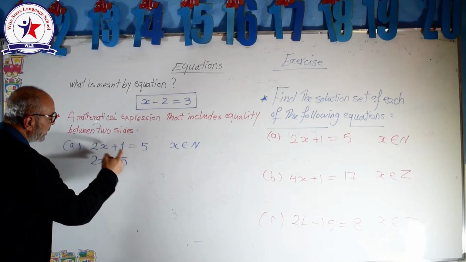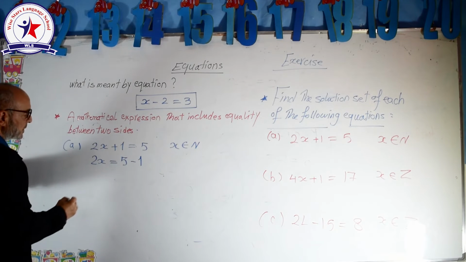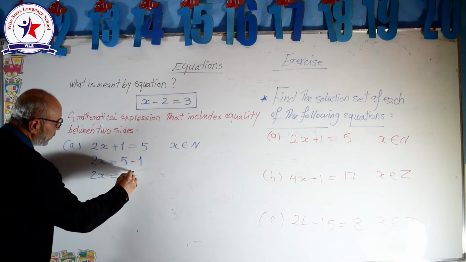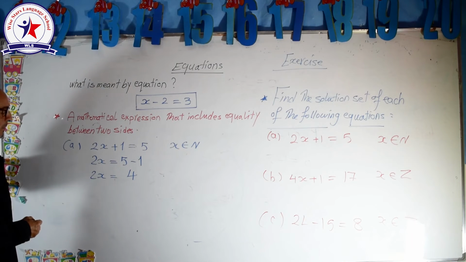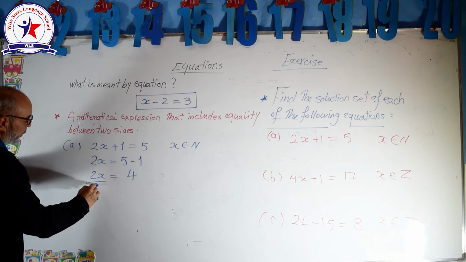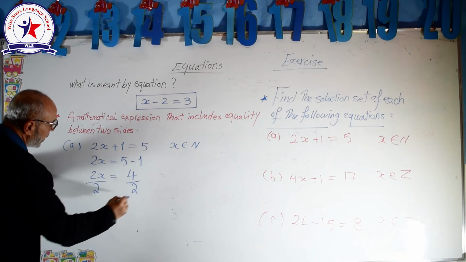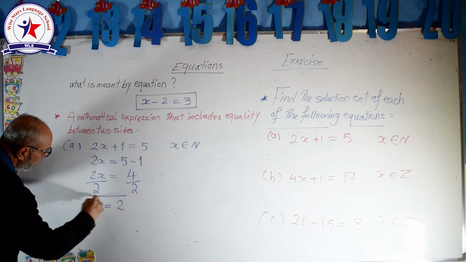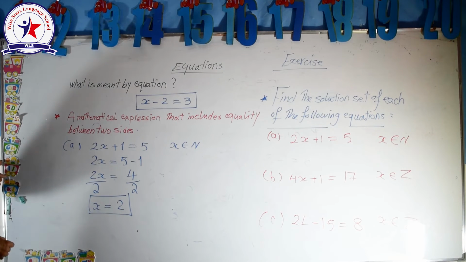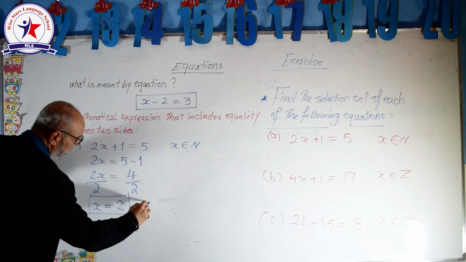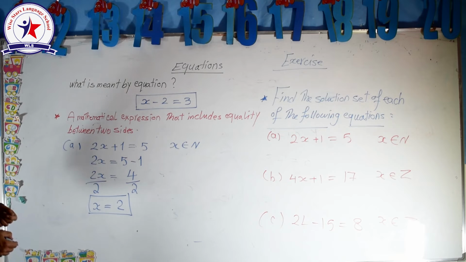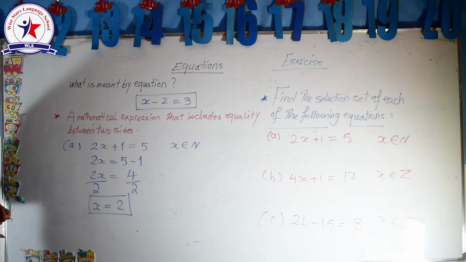This is positive 1, it becomes negative 1. 2x equals 5 take away 1, which is 4. So what is the next step? Yes, divide both sides by 2 because we have 2x. Now x equals 2. Does it belong to N? Yes. So the solution set of this equation is x equals 2, where 2 belongs to the natural numbers.